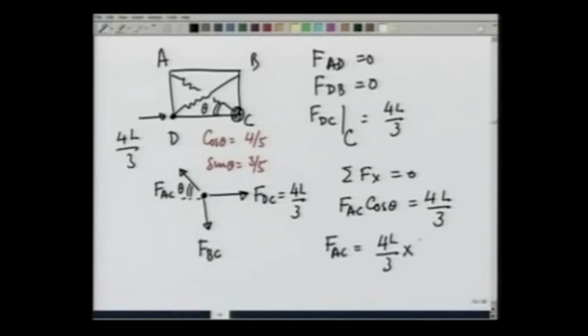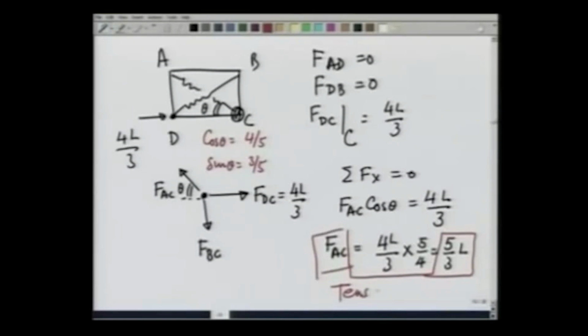So, that is 5/4, and this gives me 5/3 L. That is the tensile force on the rope.